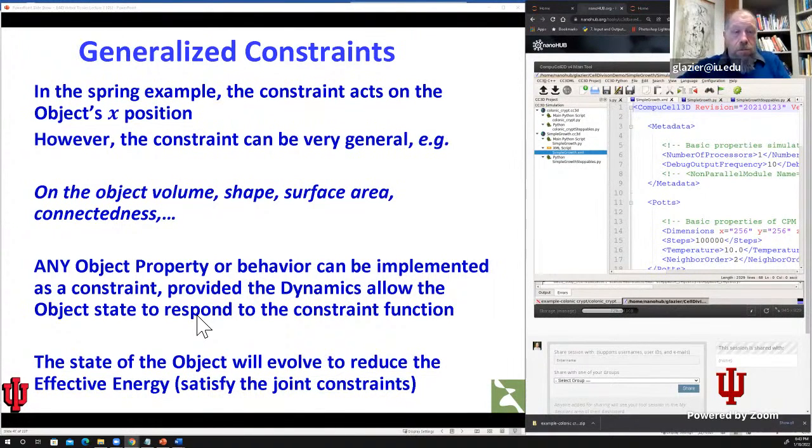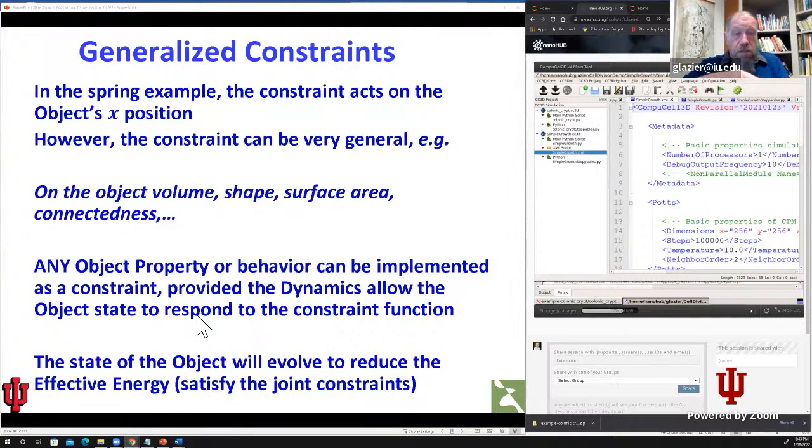So there are two components, and depending on how far we get in class, we will explore exactly that question. When I have a constraint for the volume of the cell, I have to specify a target volume, and I have to specify the strength of the constraint.